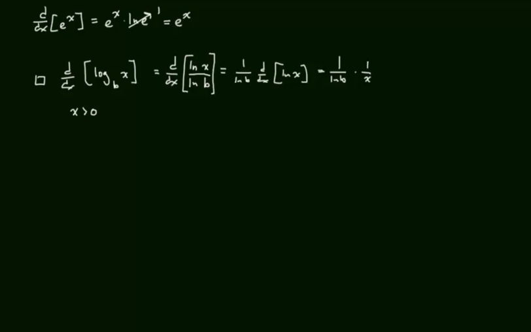And that's the final result. So to summarize, the derivative with respect to x of log base b of x is equal to 1 over x natural log b, and of course the domain is that x is greater than 0.